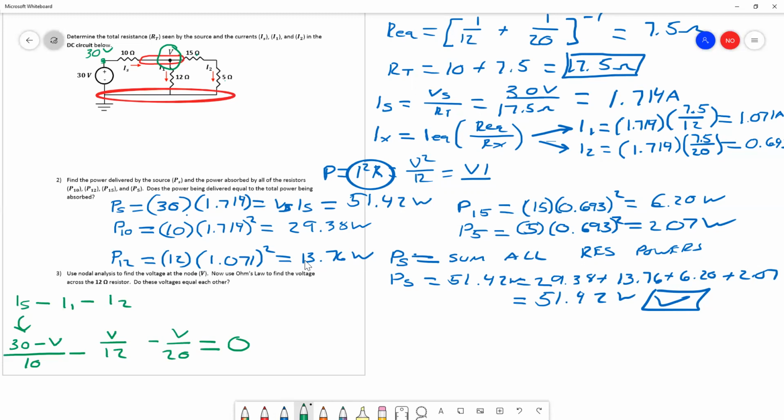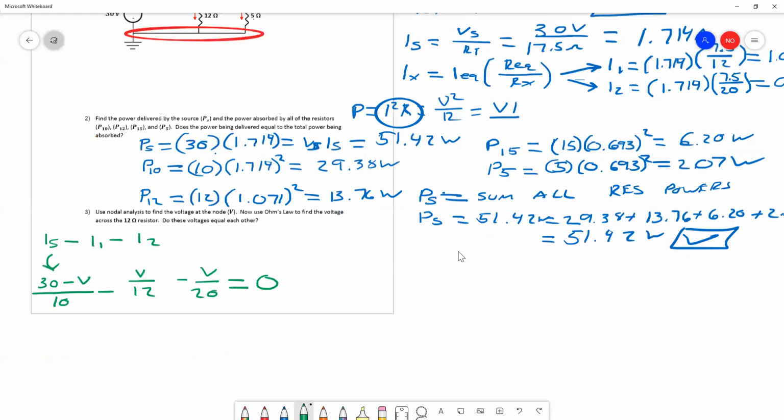All right, now that we have the equation built, all we have to do is solve for V. So you can either use the number solver on your calculator, or I'm going to walk through just the algebra steps so that everyone is comfortable with it. The first thing you're going to want to do is distribute this 10 to both numbers in the top. So you'll end up with 3 minus V over 10 minus V over 12 minus V over 20. We will add these V values to the other side. So we'll get 3 equals V over 10 plus V over 12 plus V over 20.